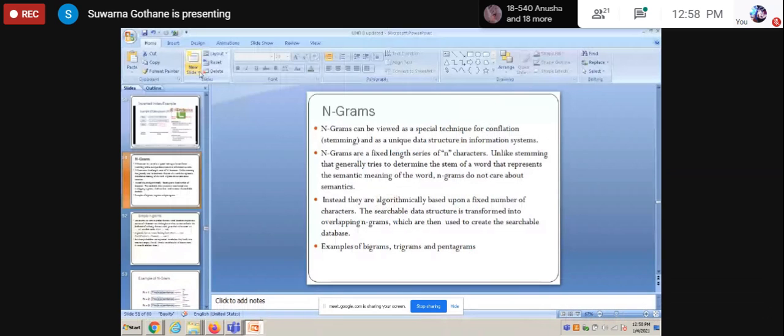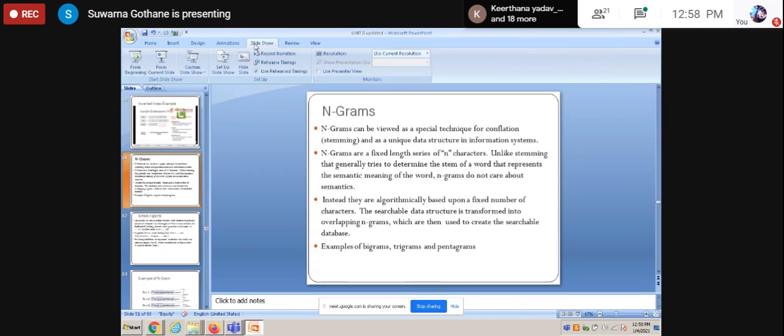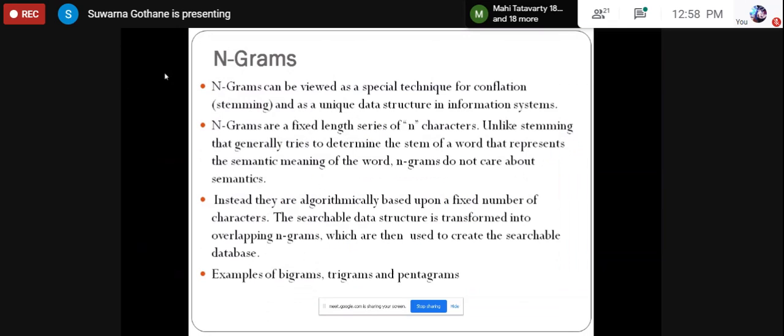So what is called as engram data structure? In an information retrieval system also we require to make use of data structures. We have seen before that stemming is one of the approaches which can be used. So like stemming, what does the stemming do?